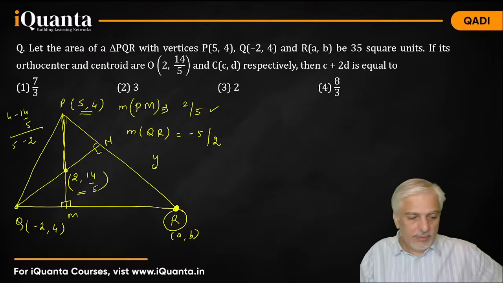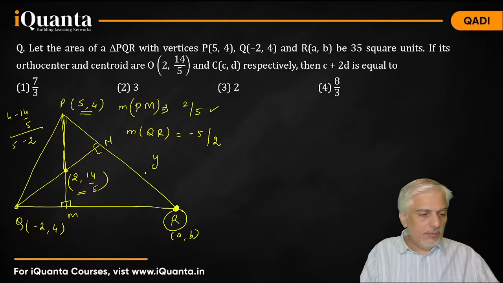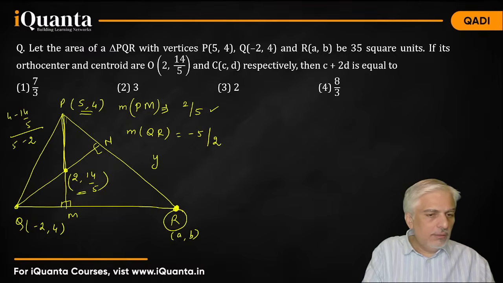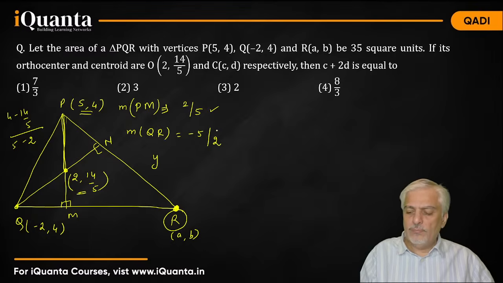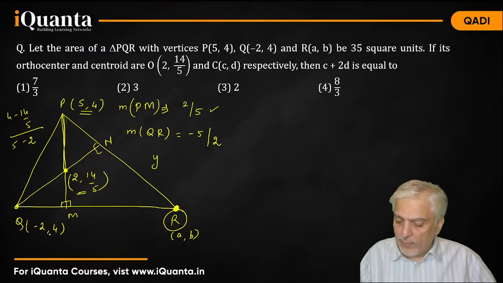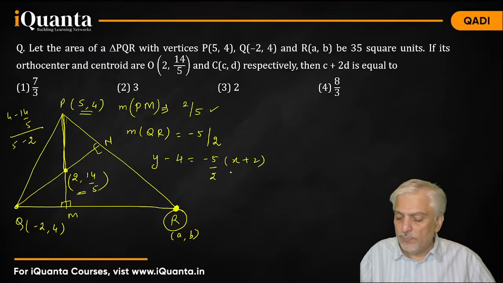Y minus y1, so y minus 4 is negative 5 by 2 into x plus 2.